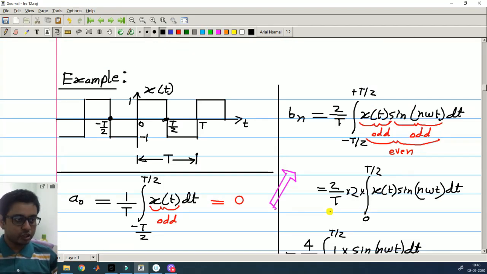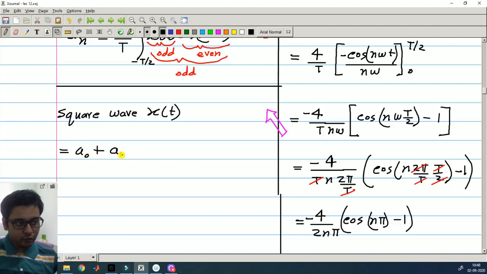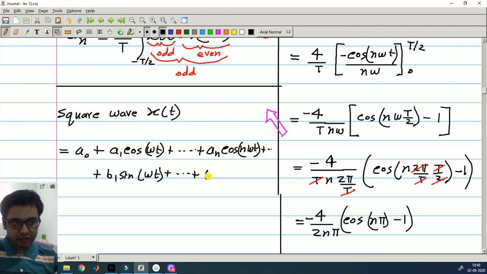So that means this square wave can be written as x(t) is equal to a0 plus a1 cosine omega t plus an cosine n omega t, plus b1 sine omega t plus bn sine n omega t, and so on.